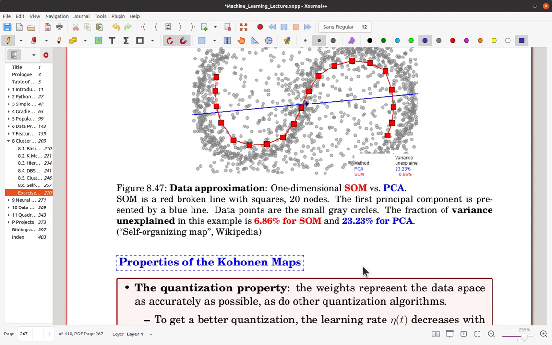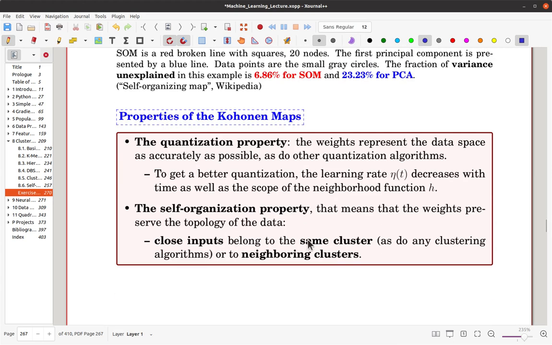And if they are not in the same cluster, then the clusters will be near each other. In this way, the topology of the data will be preserved.